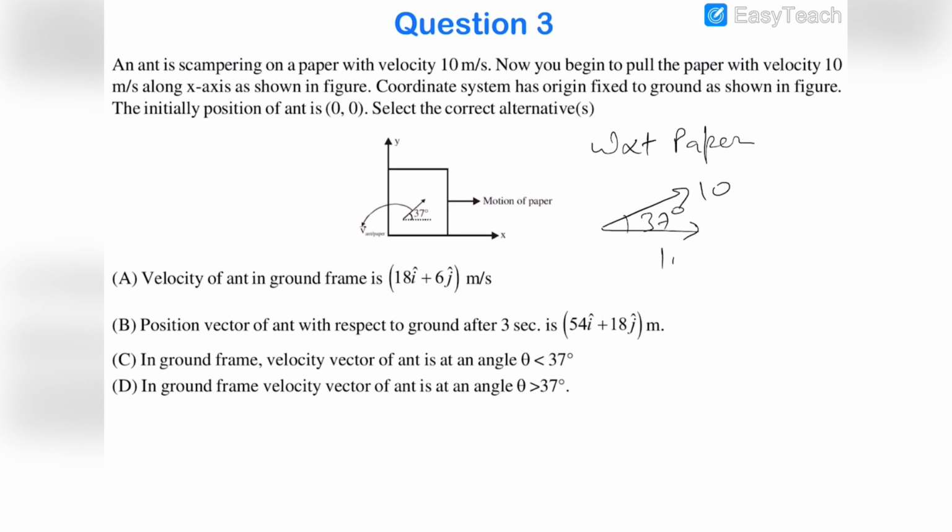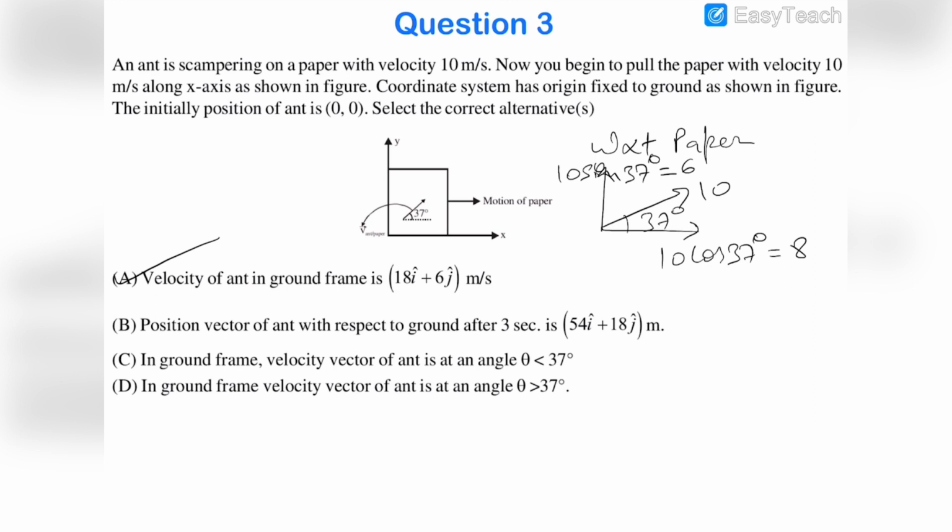So this component is 10 cos 37, which is equal to 8, and this component is 10 sin 37, which is equal to 6. So the velocity of the paper is also 10 in the x-axis. Therefore the velocity of this ant in the ground frame would be (10 + 8) i cap plus 6 j cap. So option A is correct.